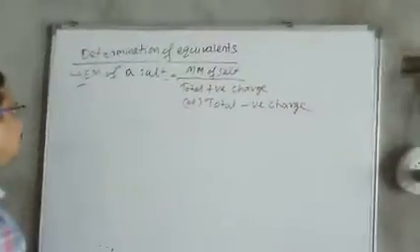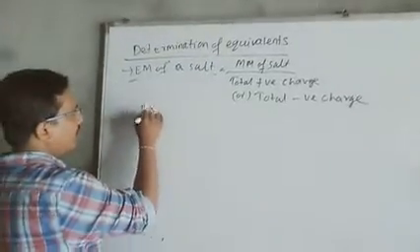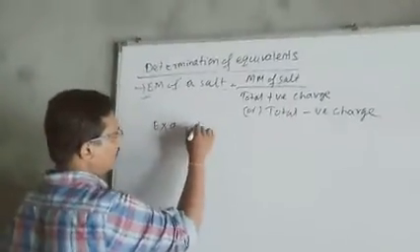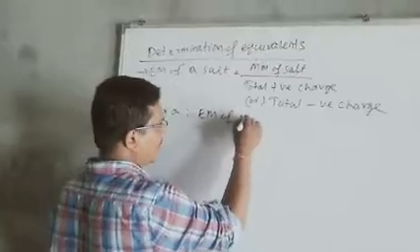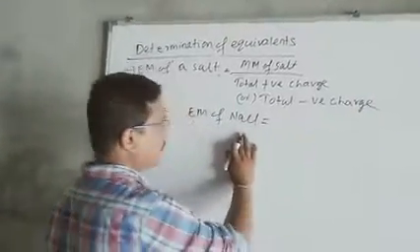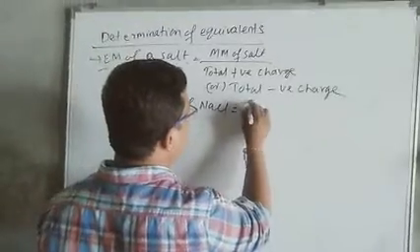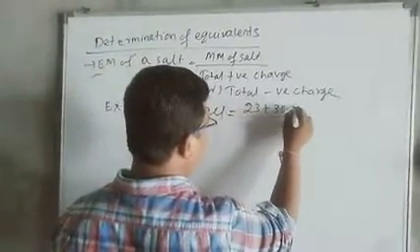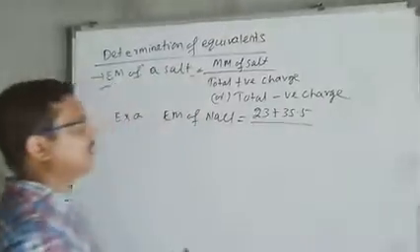Let me explain this with an example. Equivalent mass of NaCl. NaCl is a salt, so what will be the formula? Molecular mass of NaCl, that is 23 plus 35.5, divided by total positive charge or negative charge.